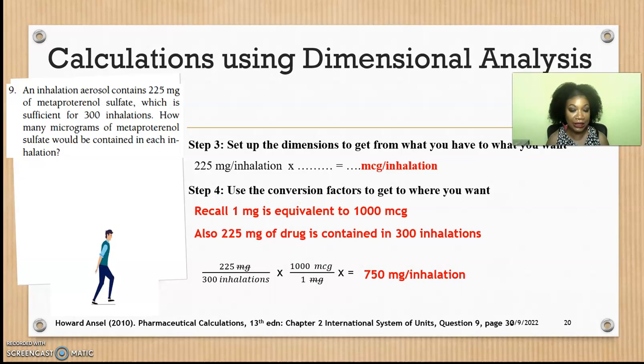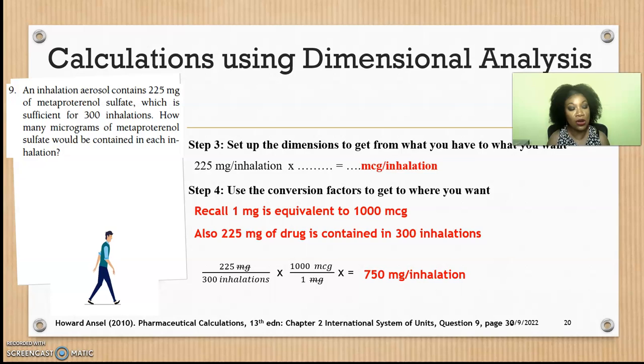So let's go through it again. We're setting up our conversion factor to get the micrograms per inhalation. We need to write what it is that you have. You have 225 milligrams per 300 inhalations. The question tells you. But you now have to determine what conversion factor you must multiply this by to end up with 750 micrograms per inhalation.